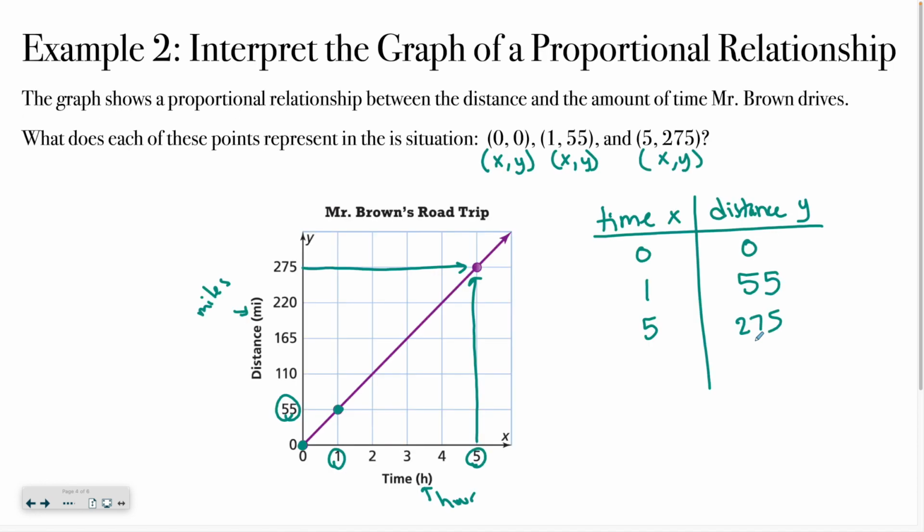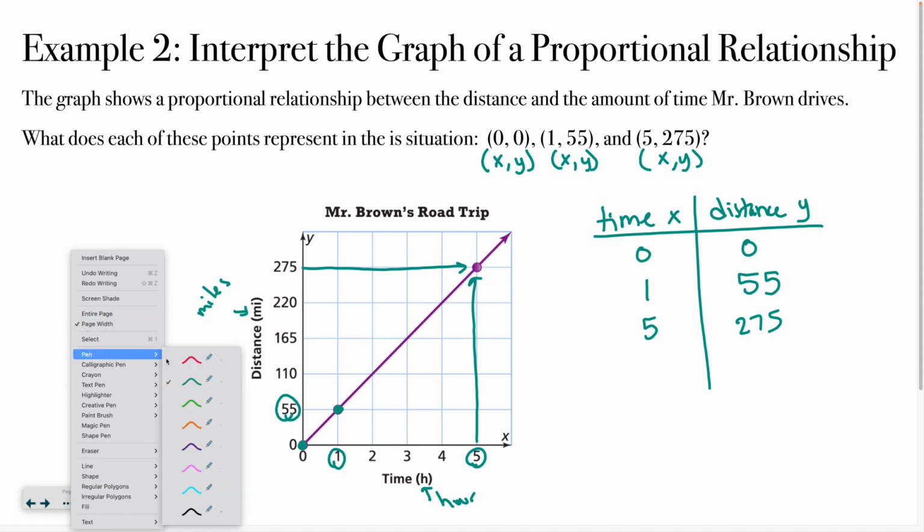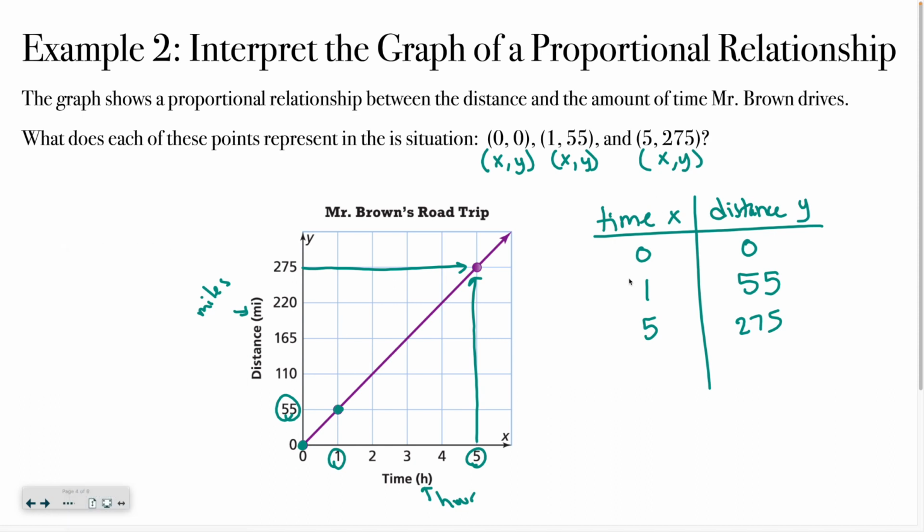I'm actually going to go back here and point out one important thing. Remember, as we've been working through this lesson, or this chapter, I should say, we have really liked when our X value is 1, right? So he has gone 55 miles in 1 hour.